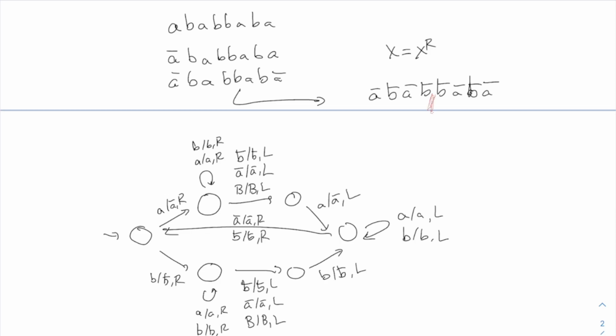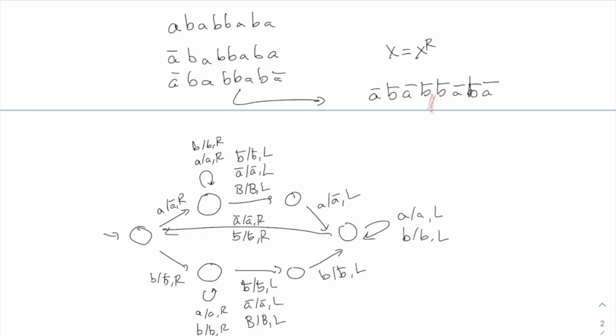If you do this loop properly, the last thing you marked will be this B bar. And then you move to the left, but actually you have nowhere to go. Like this loop to the left will not happen, although you will have moved to the left after marking this B bar. So the head will be pointed here. It will immediately do this and move to the right by 1. And it will be pointing at a bar.